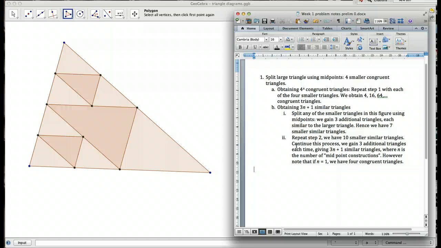Of course the question remains, and I'll record this as a second screencast, what other numbers of congruent triangles or similar triangles can we get?